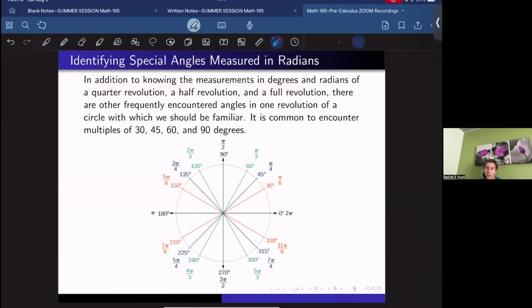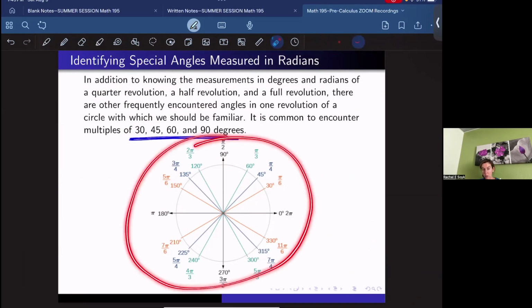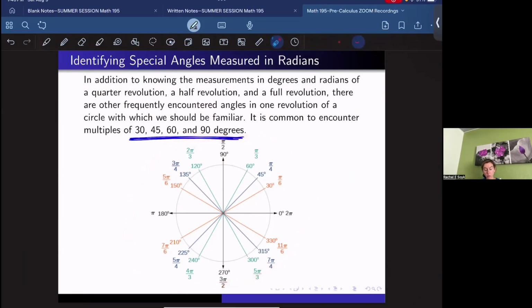In addition to knowing the measurements in degrees and radians, knowing the rotations, quarter revolution, a half, a full, these are the common multiples that we will always be referring back to, especially when we get into our reference angles. And so this is where our unit circle really starts to form.